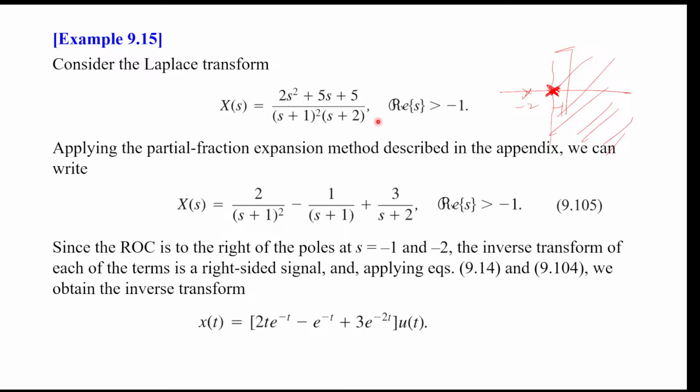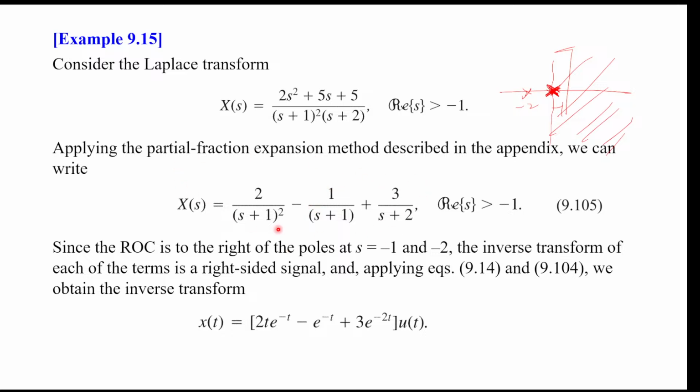Basically you have 3 poles, you have 3 terms. So a second order term for this s+1, and the first order term for this s+1, and the first order term for this s+2. So those are 3 terms and 3 numbers here. And you can expand this out, and with 3 numbers here, you want to match them, you can get this 2, -1 and 3 here.